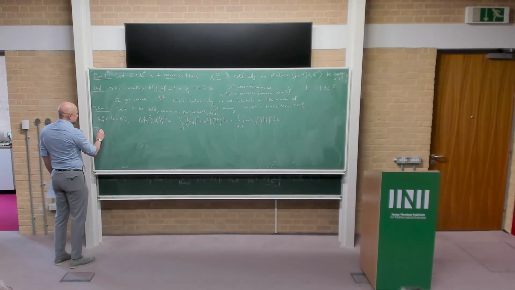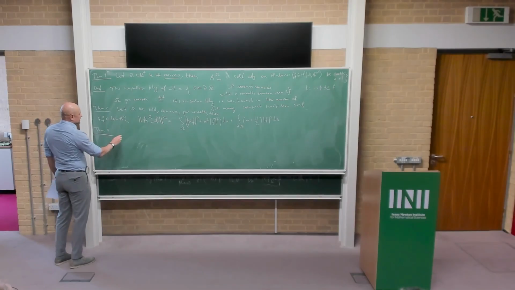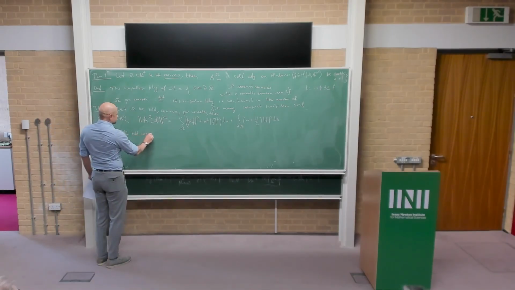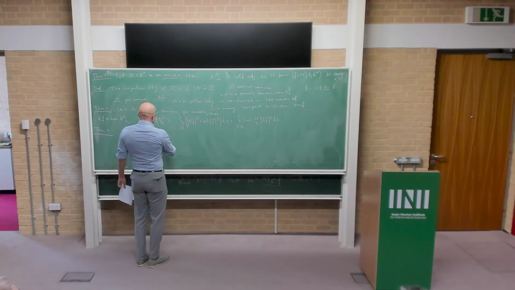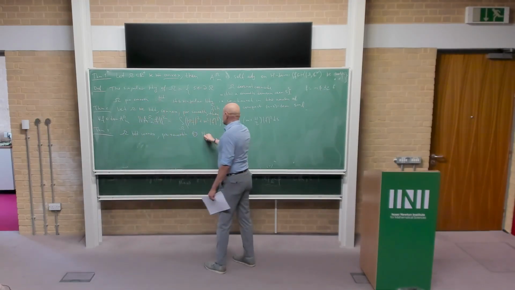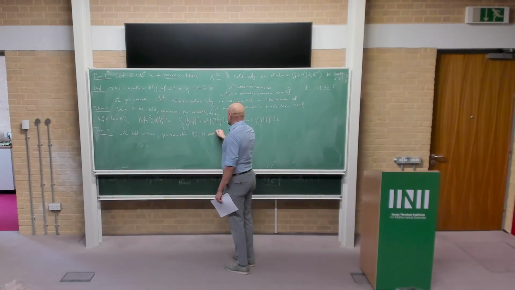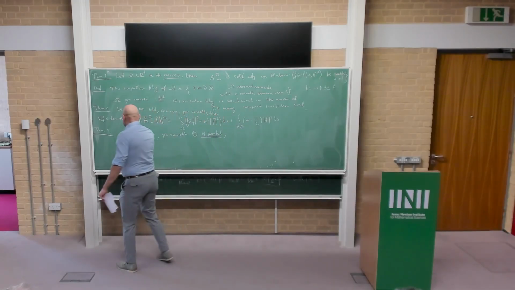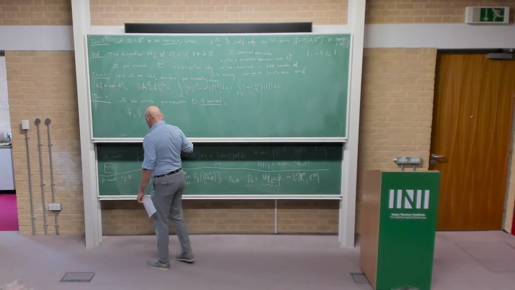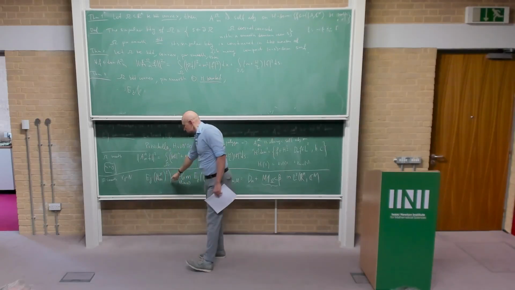Theorem 3 says that if omega is bounded, convex, piecewise smooth, and here is a very weird assumption, that H is bounded, then one still has this relation.